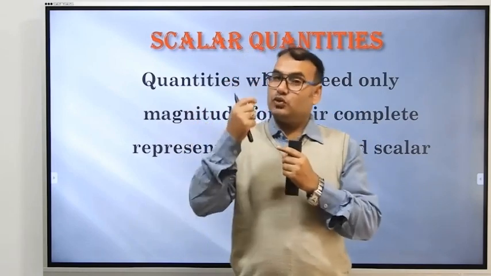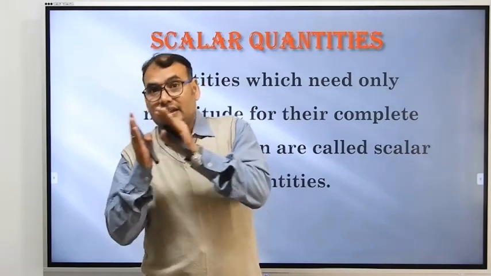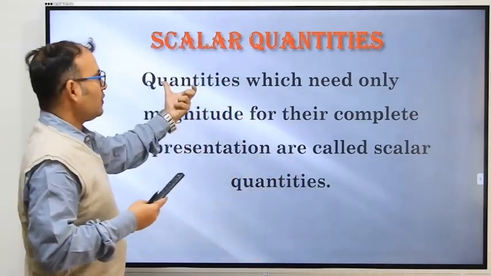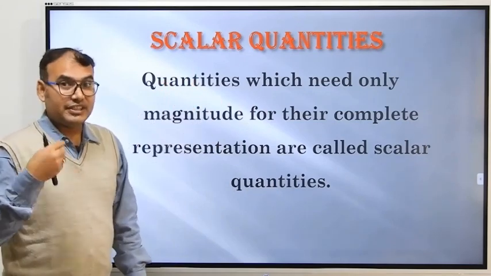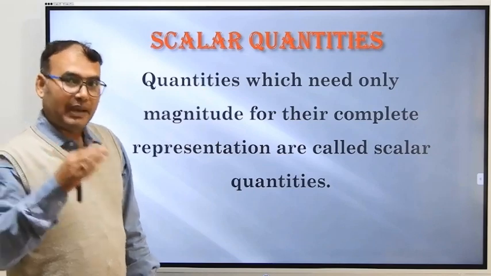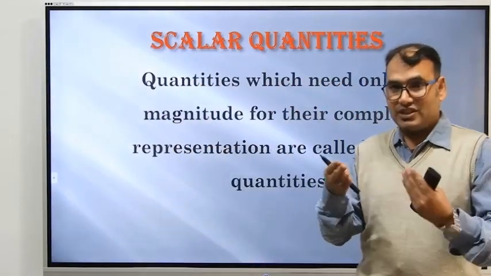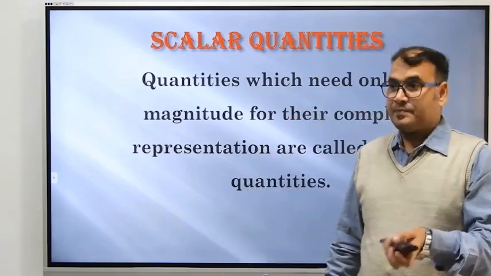If I am writing 2 kg, then it's complete. There is no requirement of writing direction because it's a scalar quantity. So the definition of a scalar quantity is the quantity which requires only magnitude for its complete representation.